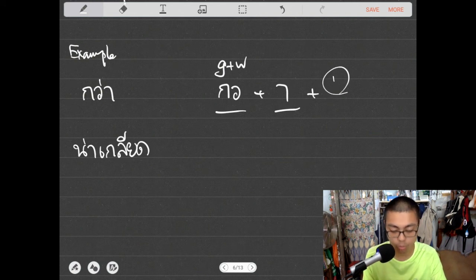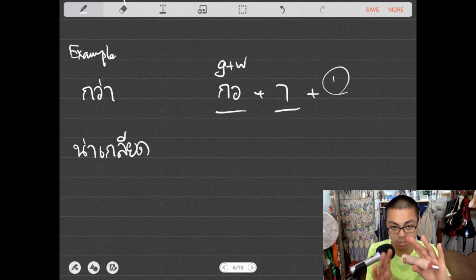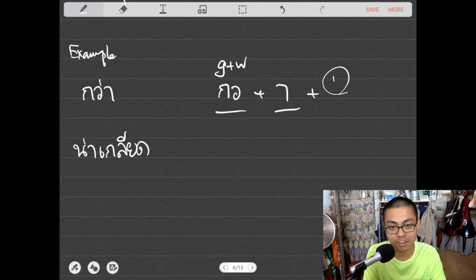Then we add the tone mark. I didn't put the tone rule chart in this episode, so you need to study the tone rule before you keep watching this video again. But I will still explain to you why we have such a tone.